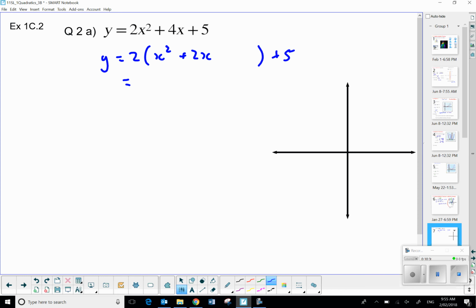So 2 divided by 2 is 1, square 1 is plus 1. So we've added 1, but it's times 2. So we've effectively added 2, so we want to now minus 2. So now we've got 2 times (x plus 1) all squared plus 3. All right, so that's just running through that process.